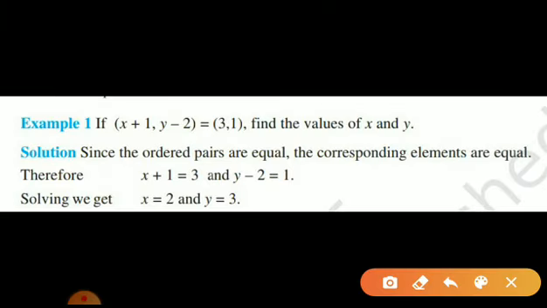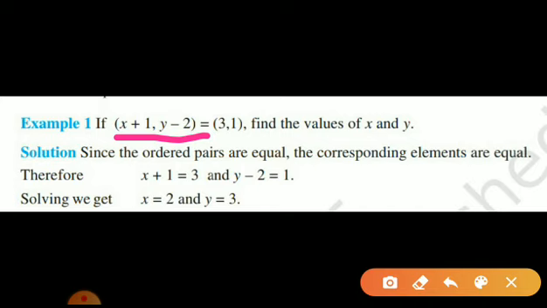Now see, it is given that the ordered pair x plus 1 comma y minus 2 is equal to 3 comma 1. Find the values of x and y. Now it is given both the ordered pairs are equal.